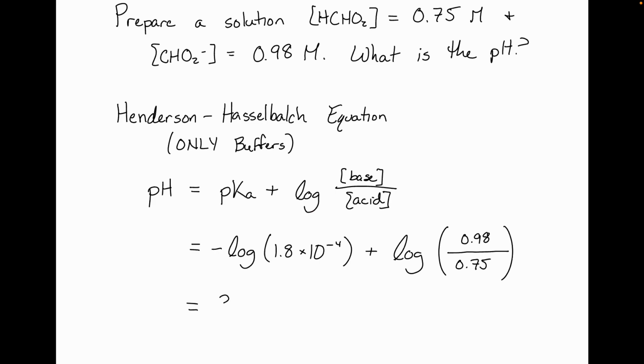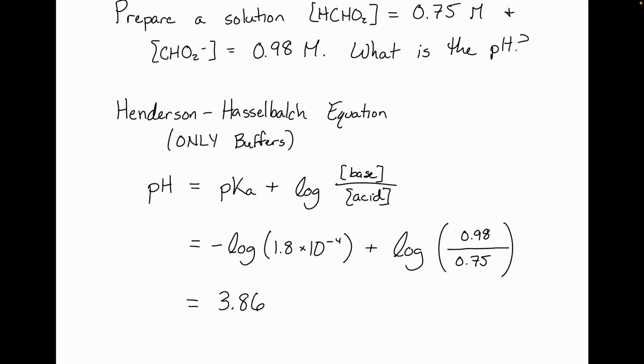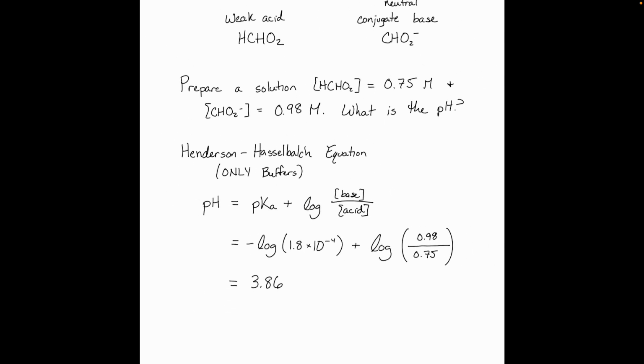I get that my pH is 3.86. We're not going to worry about sig figs here, so we'll just say 2 decimal places. But that's how I can use the Henderson-Hasselbalch equation to pretty easily, without having to go through the steps of the ICE table, figure out what the pH of my buffer solution is. I got to know the concentration of my acid and its conjugate base, as well as the pKa, which I can look up from my table. But that's how I can figure out the pH of a buffered solution.